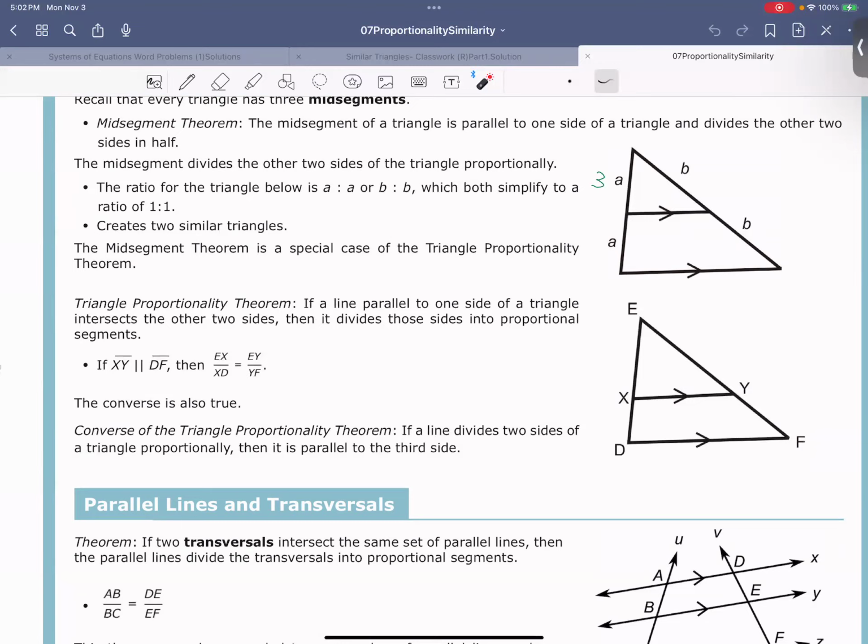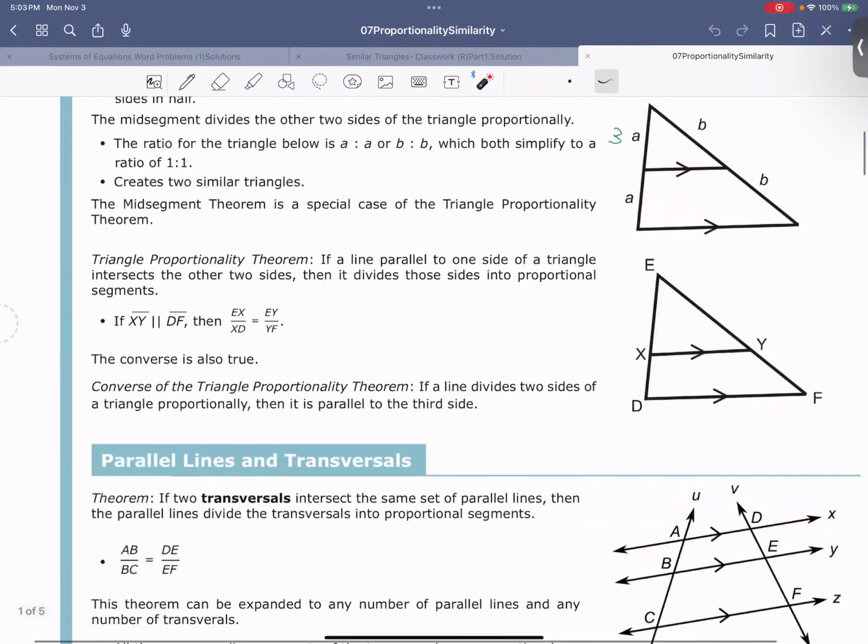Yes. So the top one, angle DEF equals angle XEY because they're the same angle. And angle EYX equals angle EFD because they're corresponding angles from two parallel lines.